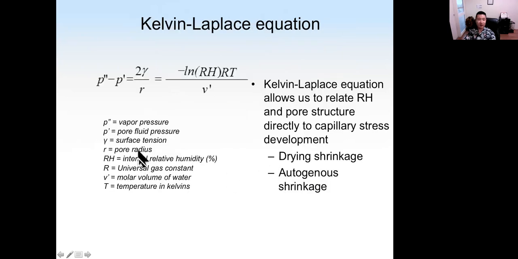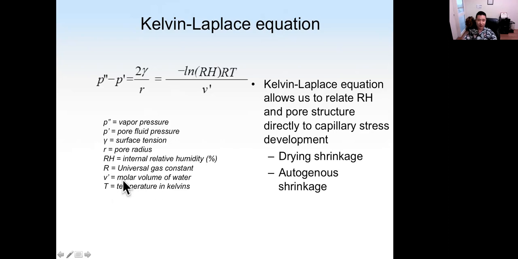And here is another set of different parameters. For example, r is the radius of the pores, and gamma is the surface tension. RH is the internal relative humidity inside the pores. R is the universal gas constant, which doesn't change too much. T is the temperature, which also doesn't really change as much.